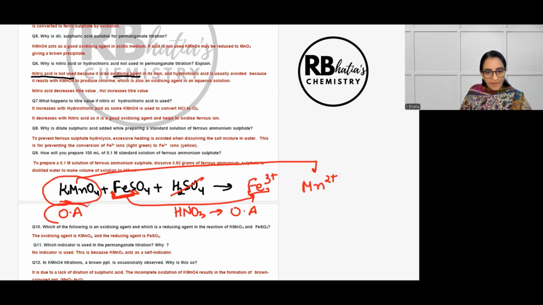So basically, we are having two oxidizing agents, KMnO4 as well as nitric acid. So the titer value, if I speak technically, will decrease. Why? Because the amount of KMnO4 that is going to get used is going to decrease because nitric acid is helping KMnO4 to do the same job. So using nitric acid, the titer value will decrease.